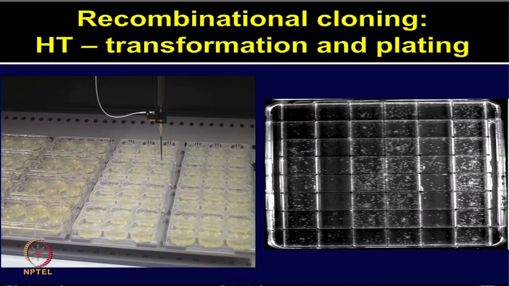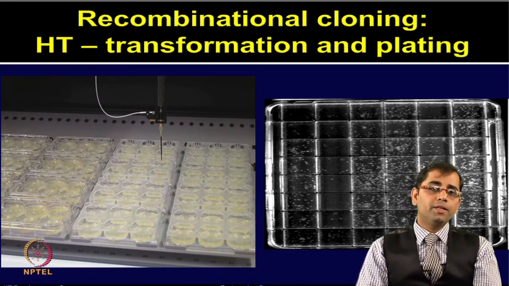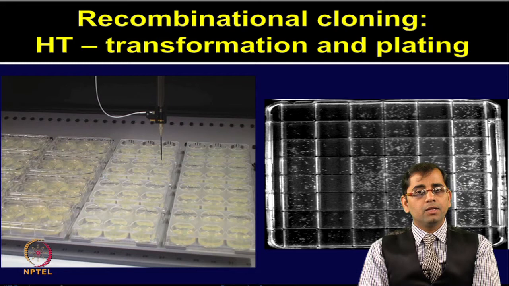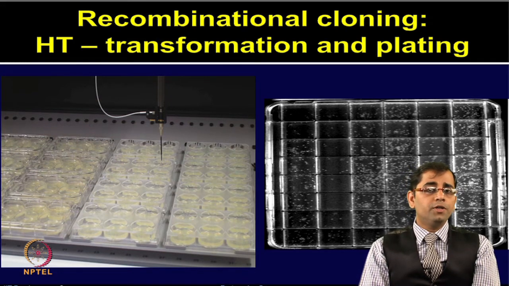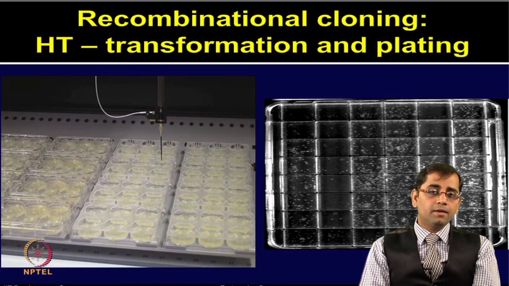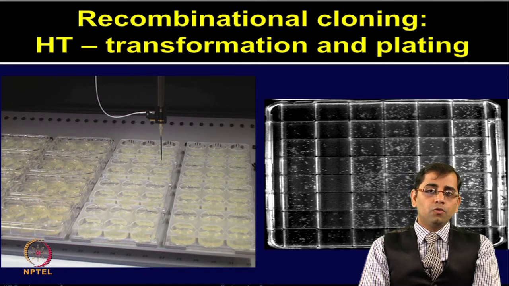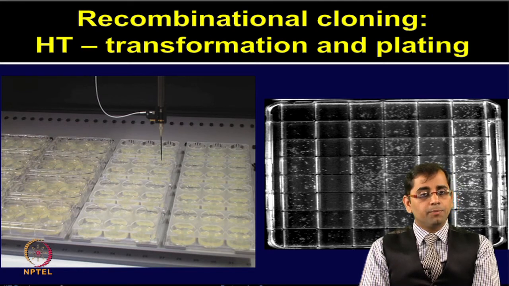In recombinational cloning, a high throughput method of doing transformation and plating is very crucial. Therefore, automation during bacterial plating and colony picking reduces the error rates. The 48 sector plate supports plating of 96 transformations on 2 plates instead of using 96 petri dishes.